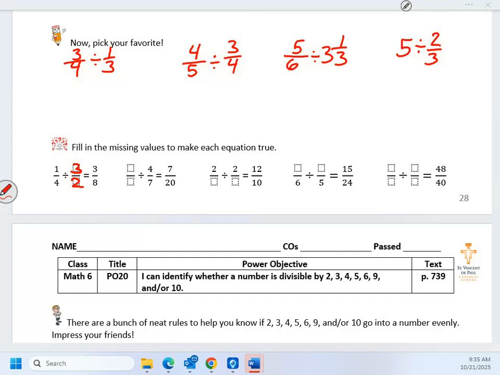Now, my answer is not 3/2, because that was multiplying. And it says, what do I divide by? So what do I have to do to my fraction, Joy? Flip it. So my answer is going to be 2/3. So figure it out multiplying, and then flip it to the reciprocal.